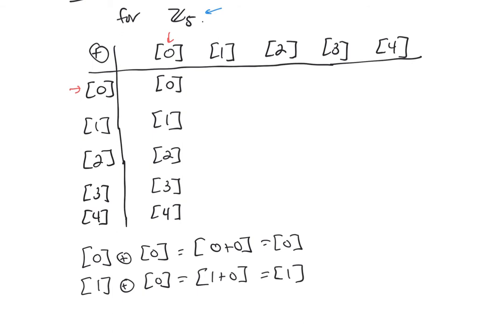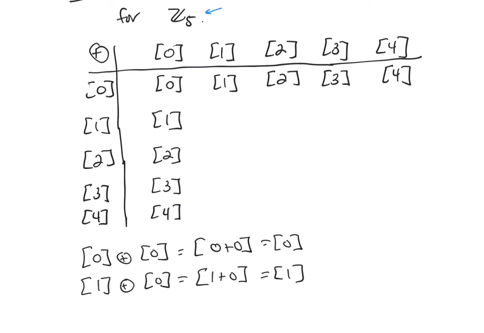Let's go ahead and go across the first row. So if I take 0 and 1, you add them, you're going to get 1. 0 and 2, 2. 0 and 3, 3. 0 and 4, 4. Okay, so we filled in the first row and the first column.